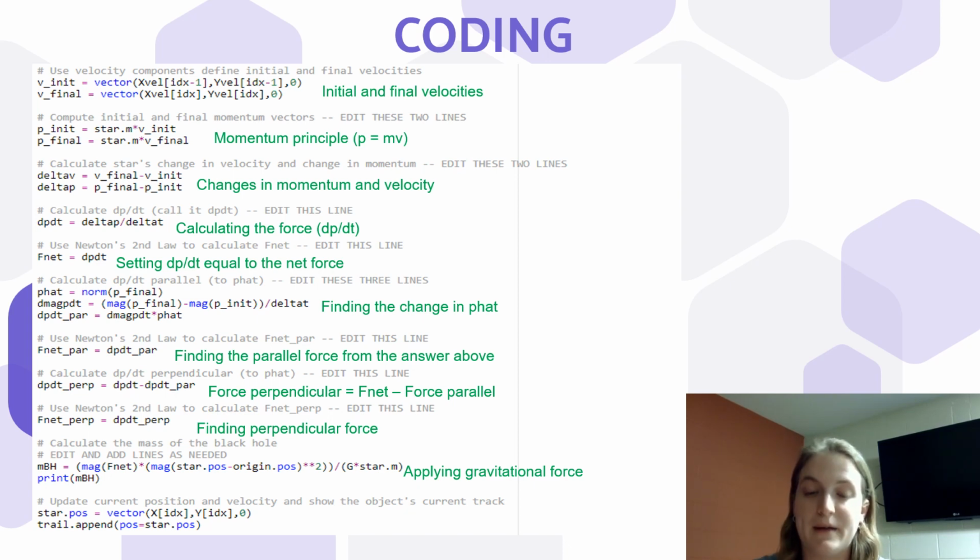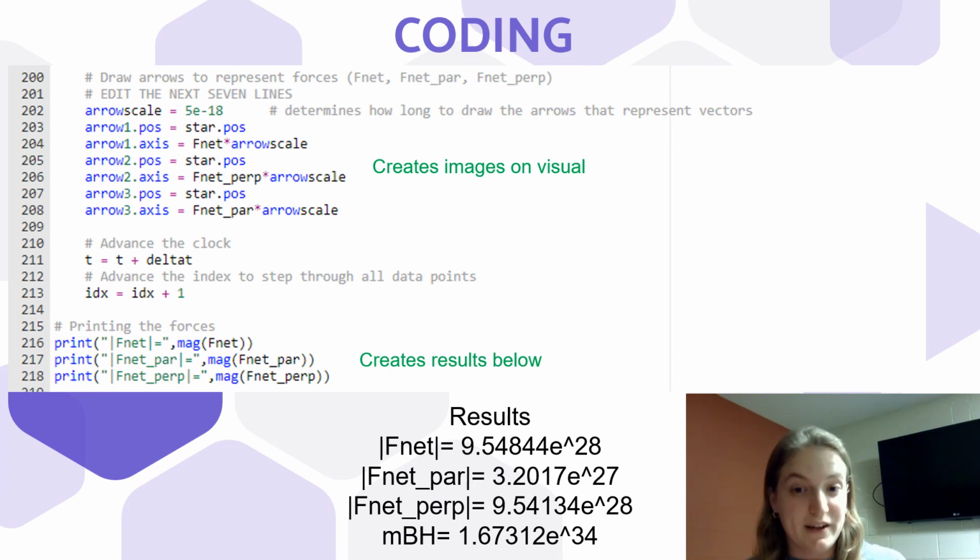And then we can apply the gravitational force to get the answer we're looking for, which is going to be in the results category. So we have F net parallel, F net perpendicular, and then the mass of the black hole, which is the most important part, which is 1.67e34 kilograms, I do believe.